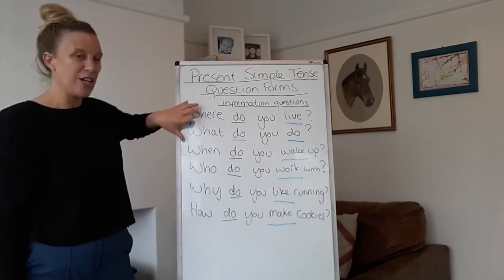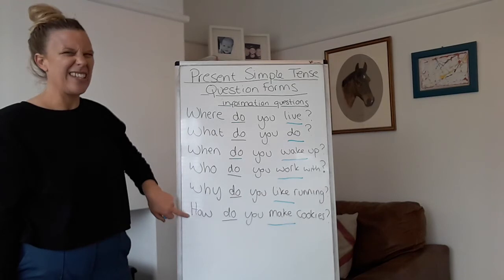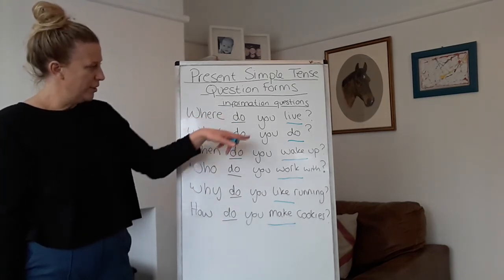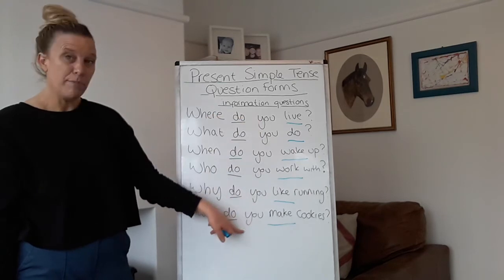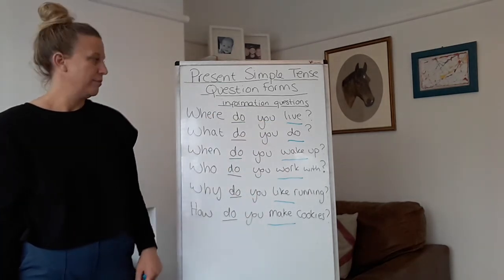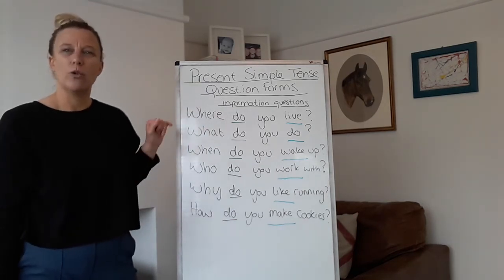So we have information question, our WH question as they call them. Even though that starts with an H, we still call them WH questions. Do, subject, base form of the verb. Where do you live? Where do you work? What do you do?